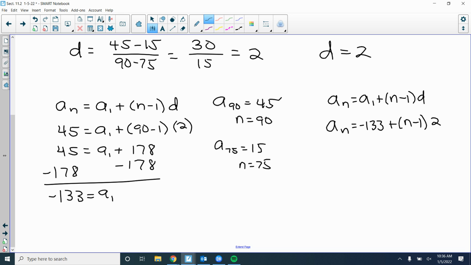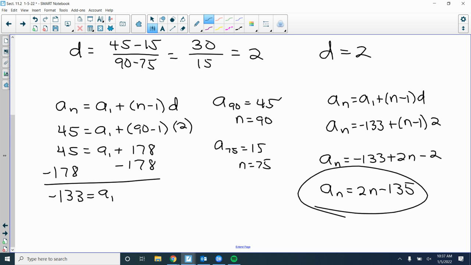You're not done until you get that, because it asks for two things. It asks for the d value, which we figured out to be 2, and then the general term. So I get a sub n equals negative 133 plus 2n minus 2, and that's 2n minus 135.